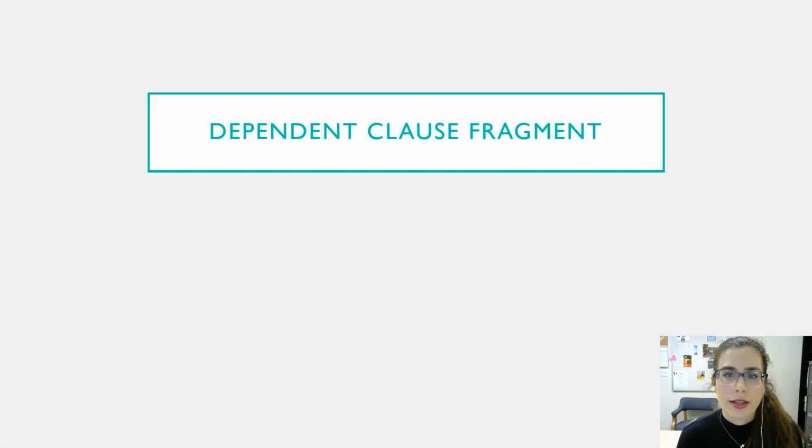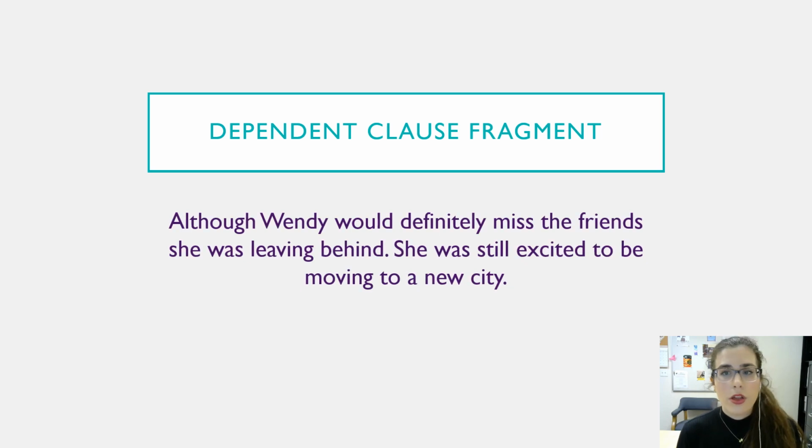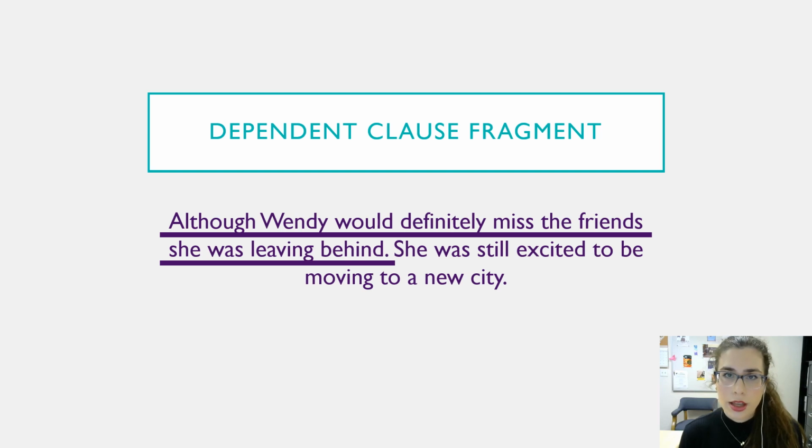Let's look at an example. Although Wendy would definitely miss the friend she was leaving behind. She was still excited to be moving to a new city. We have 2 groups of words here, and the first one is a fragment. It can be tricky to spot because we have a subject, Wendy, and we have a verb, would miss, but thanks to the word although, we don't have a complete thought. We need more information.